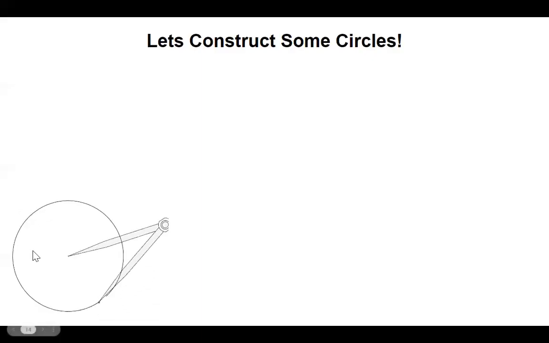I hope everybody has tools. Does everybody have 2 tools? Your compass and your protractor. That's what you're going to need today.